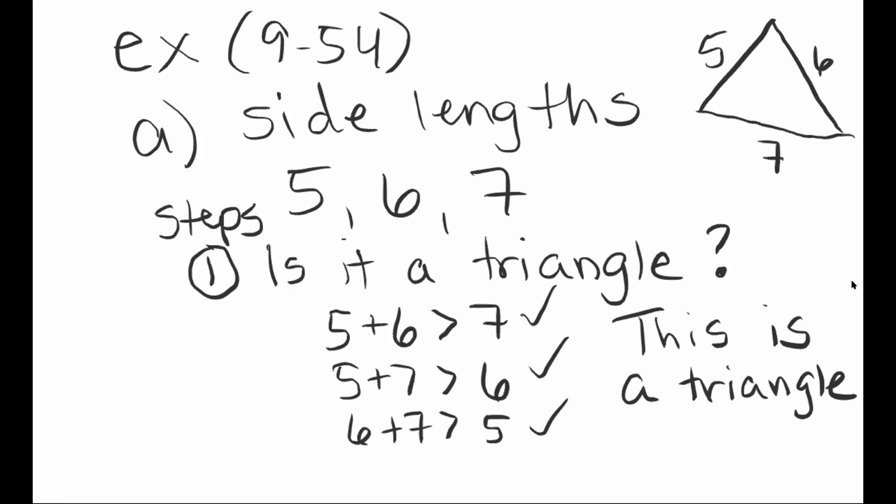Eli, you have a question before I move on? Yeah, would there be a case in which you added the largest side length and the smallest side length to see if it was greater than the medium side length? Would there ever be a case where that wouldn't happen? Yeah, there are cases where when you add two side lengths together, it's not going to be greater than the third one.